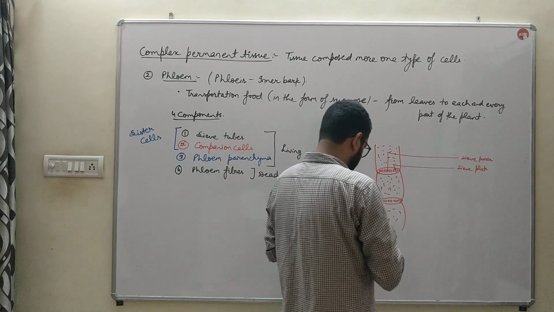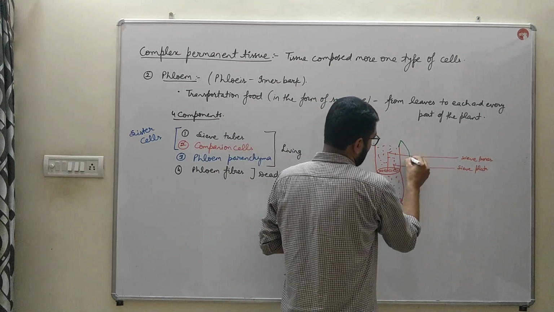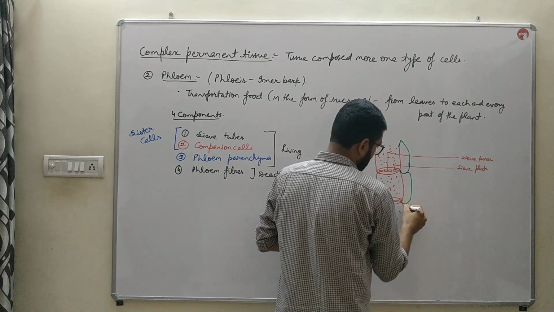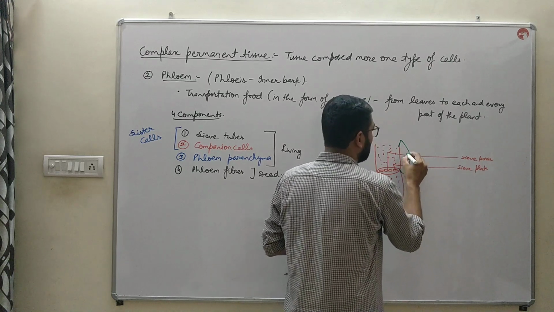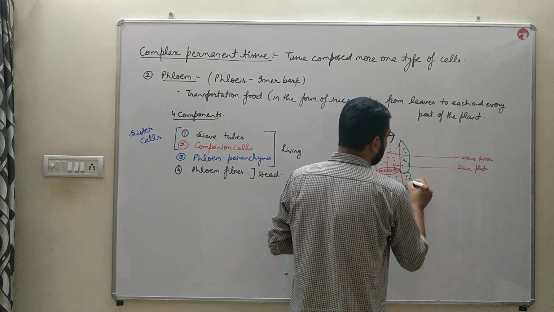Next one, the companion cells. Companion cells possess nucleus as well as cytoplasm. They are complete cells.